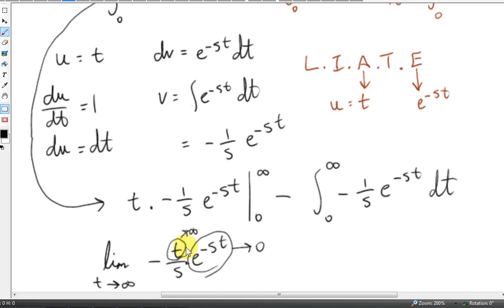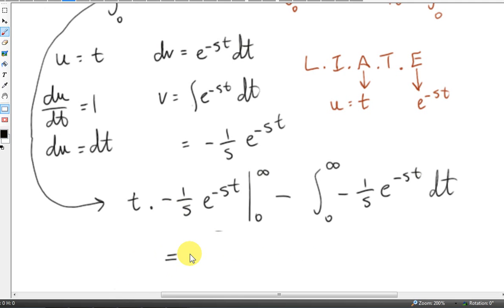So one part of this product goes to infinity, and actually minus infinity. The other part goes to 0. But this part goes to 0 much more quickly. So the entire product actually goes to 0. So this term dominates while taking this limit. So for the upper limit then we get 0.